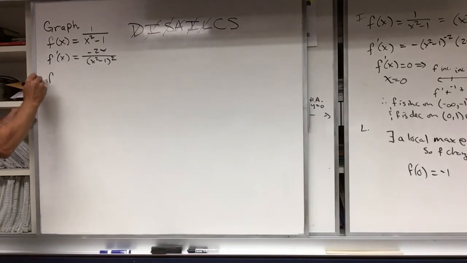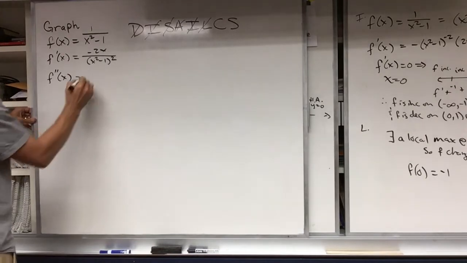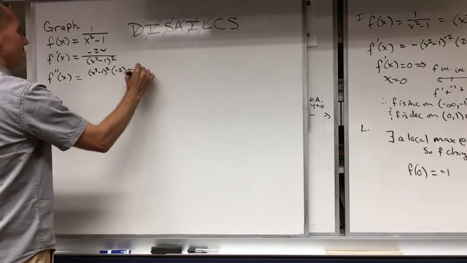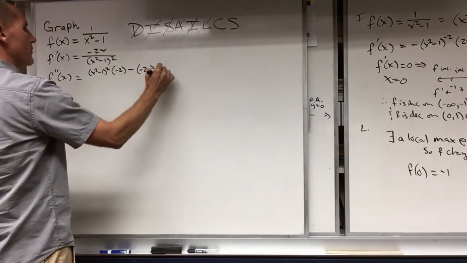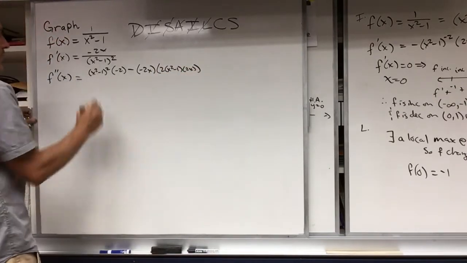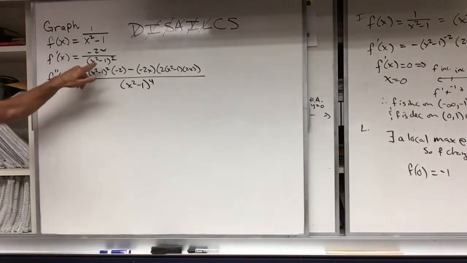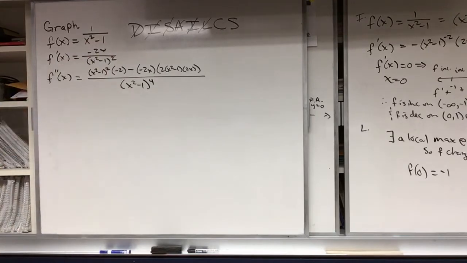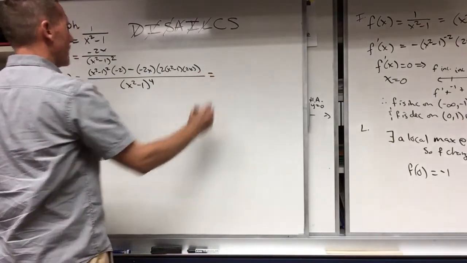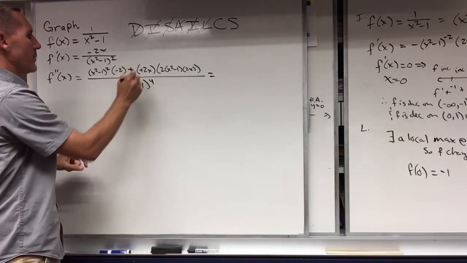Well, f double prime of x is equal to, I would choose the quotient rule here, so let's do that. Low d high minus high d low, don't forget the chain rule, all over the square of what's below. Right, x squared minus 1 squared squared is x squared minus 1 to the 4th. And now let's go ahead and do a little bit of simplifying here. So in the numerator, that minus and that negative, that's just going to be a positive right there.